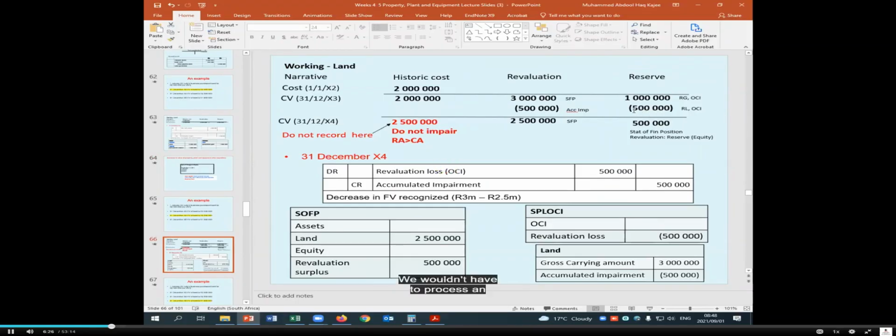We wouldn't have to process any impairment because we're not going below the historical cost amount. So the total decrease of the 500,000, which is to get to the 2.5, will be called revaluation loss, which goes to your revaluation surplus account. It will decrease your revaluation surplus.